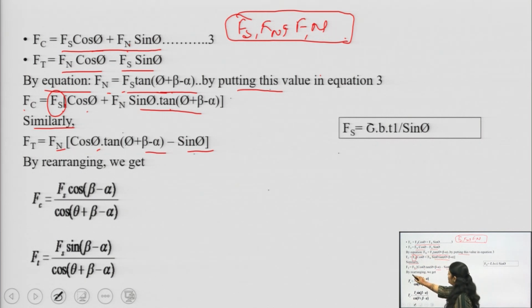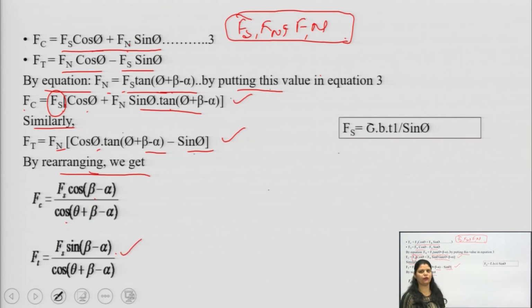Okay, and by rearranging these two equations, we will get the values of Fc and Ft, which will become, Fc will be Fs cos beta minus alpha divided by cos phi plus beta minus alpha, and Ft will become Fs sin beta minus alpha divided by cos phi plus beta minus alpha. So, these are the 6 forces which act during the cutting operation. Okay.